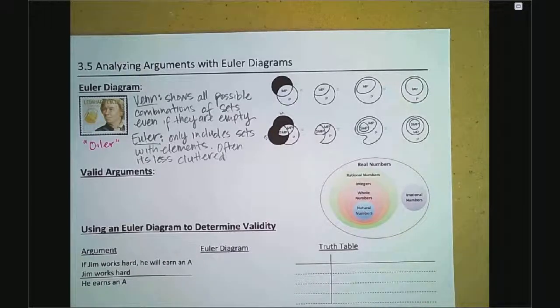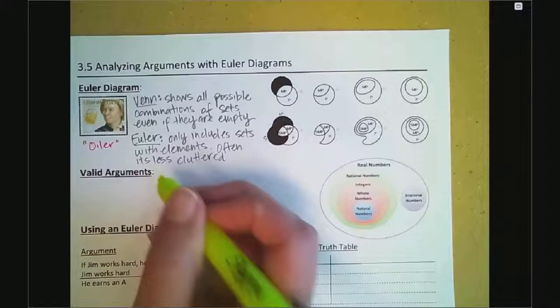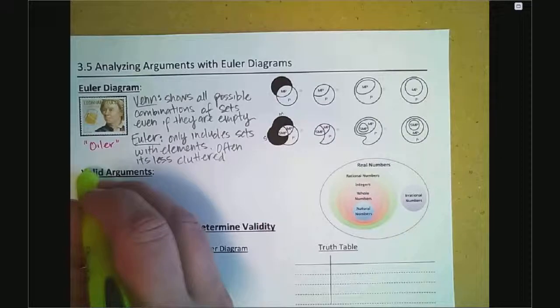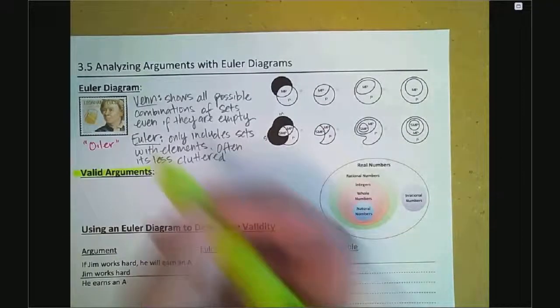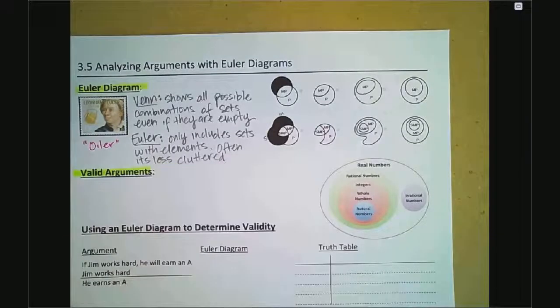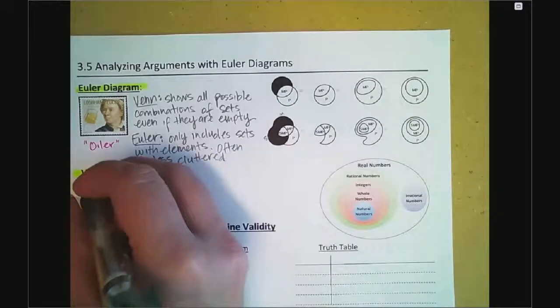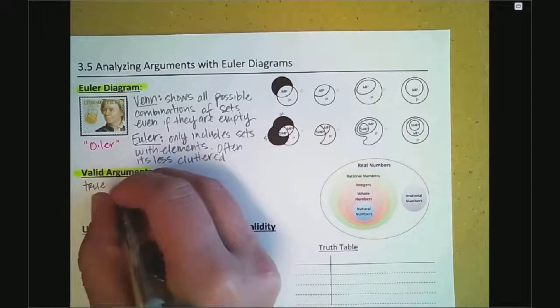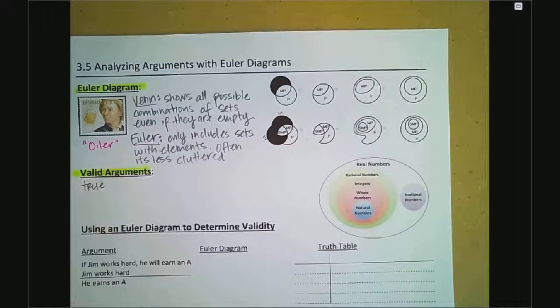And we can use Euler diagrams to determine the validity of an argument. But let's first talk about what it means to be a valid argument. A valid argument is when true premises force the conclusion to also be true.